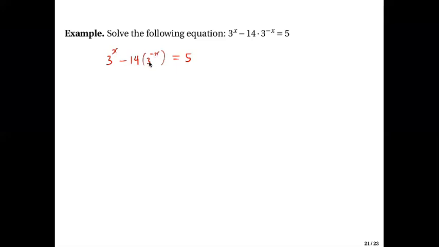Why? So let's do that. 3 to the x minus 14 times 3 to the minus x. Then we multiply both sides of the equation by 3 to the x. Of course, on the other side, you will only have 5 times 3 to the x.